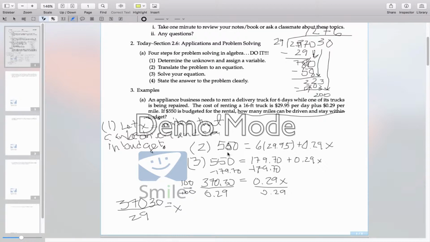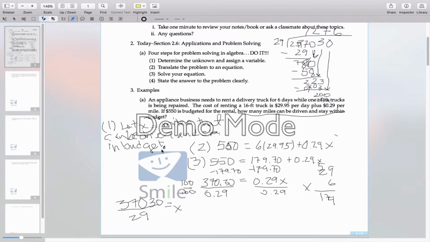You know what? I'm just going to do it again because I'm not sure. 29 times 6 is 4, carry the 5. 6 times 2 is 12, plus 5 is 17. 174.